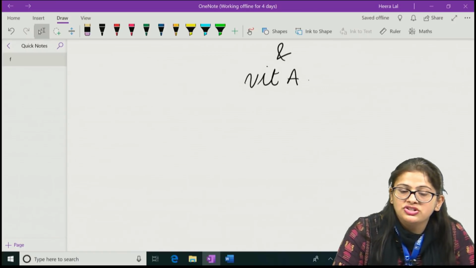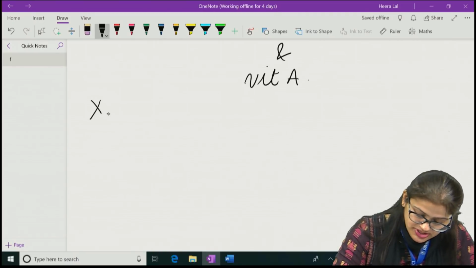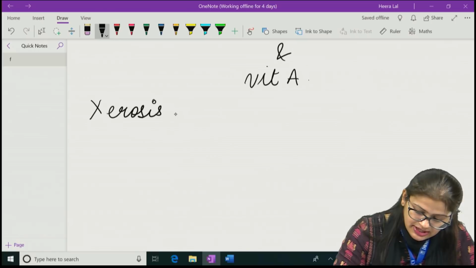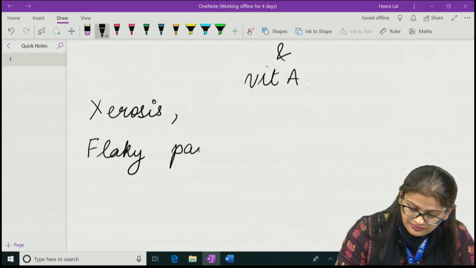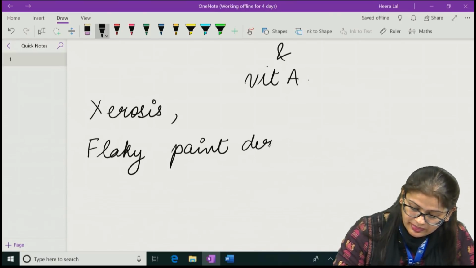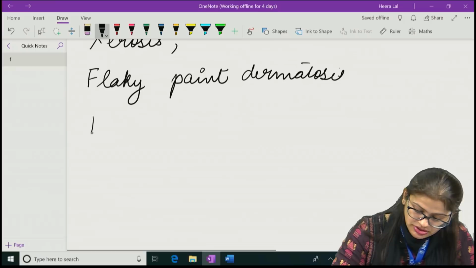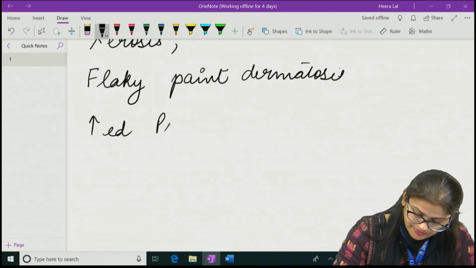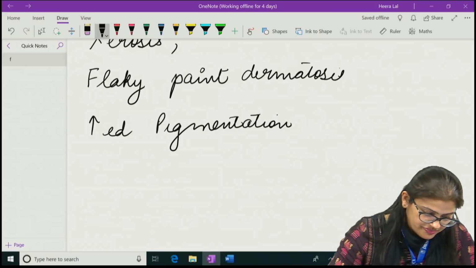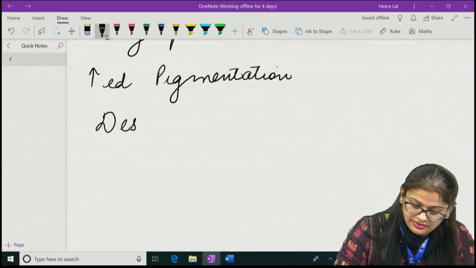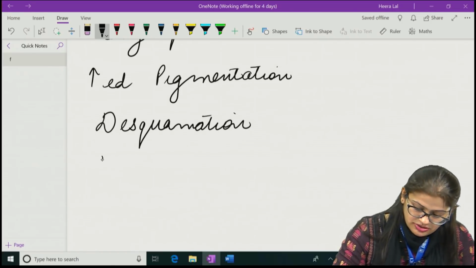So the common skin changes that are seen in protein energy malnutrition may manifest in the form of xerosis. They can result in flaky paint dermatosis, they can also result in increased pigmentation. They can result in desquamation as well as dyspigmentation.